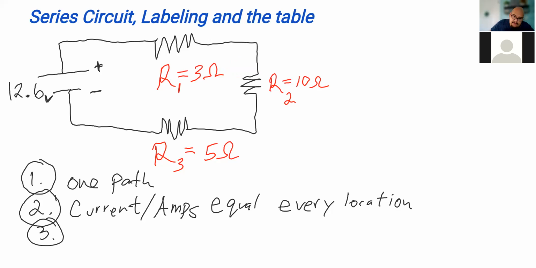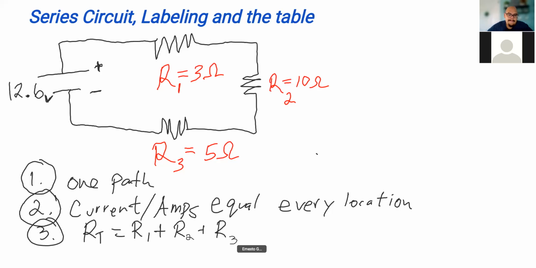So total starts with the letter T. So I'm going to say R T equals R1 plus R2 plus R3.